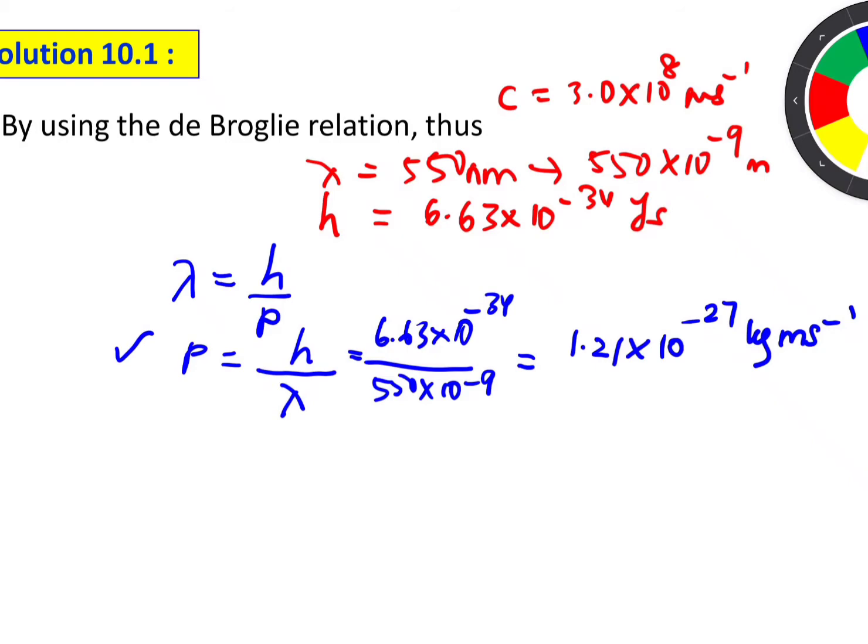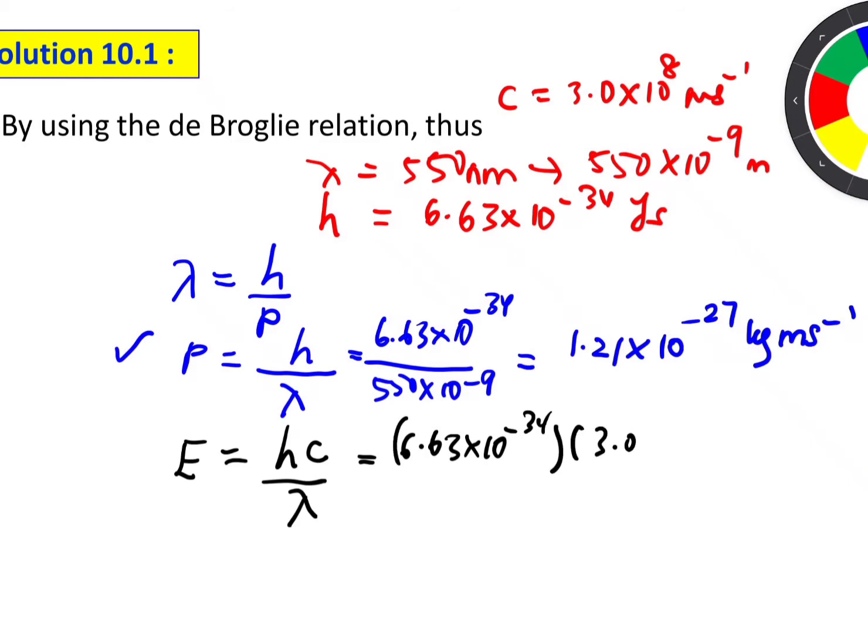Okay, soalan kedua diminta energy of the photon. So, energy of the photon, formula dia adalah E is equal to hc over lambda. H adalah Planck constant 6.63 power of negative 34. Speed of light 3.0 power of 8.